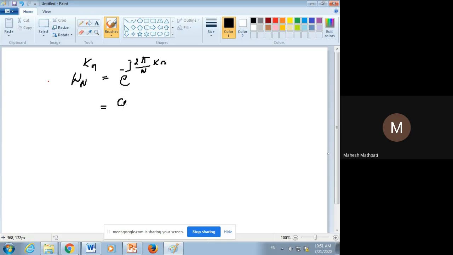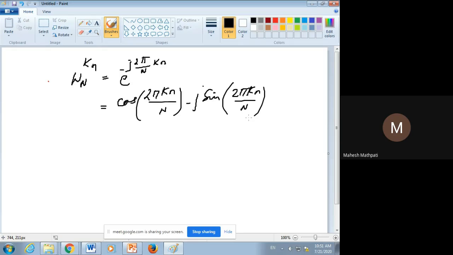Cos and sine function, I'm going to write it as cos of 2 pi kn divided by N minus j sine of 2 pi kn divided by N. Here also this function we write as W_R to the power kn plus W_I to the power kn.